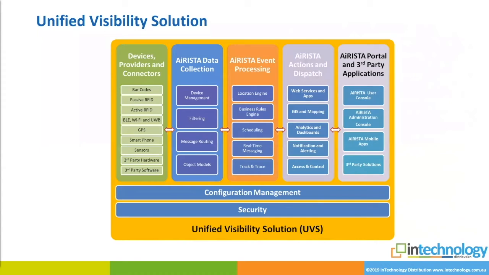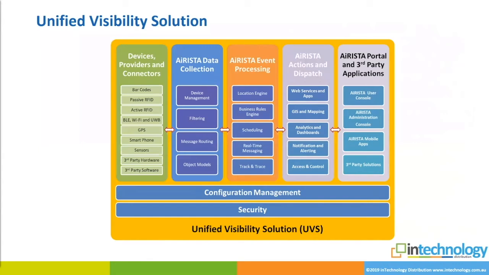Now, because we cover all those different technologies and we're feeding in as a single data collection and location service source, there's a uniformity there that no other vendor can match. When you're dealing with pure Wi-Fi and pure BLE, often they're siloed solutions which require quite complicated back integration.